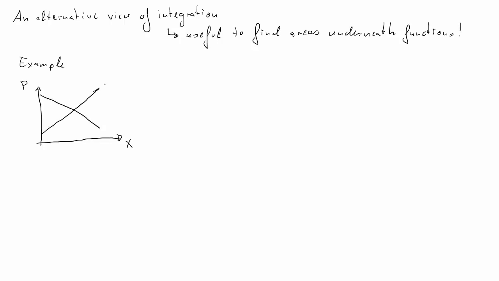Let's look at a very basic demand and supply schedule in economics, and indicate that here is some equilibrium quantity and equilibrium price. The downward sloping line is the demand function, the upward sloping line the supply function, and you will have learned in macroeconomics that this green area is what we call the consumer surplus.